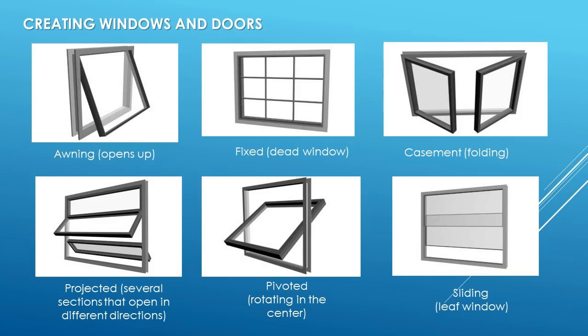Projected button, creating a projected window. It's like several sections that open in different directions. Pivoted button, creating a pivoted window which rotates in the center. And Sliding button, creating a leaf window.